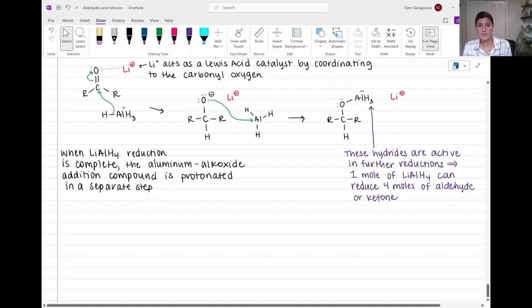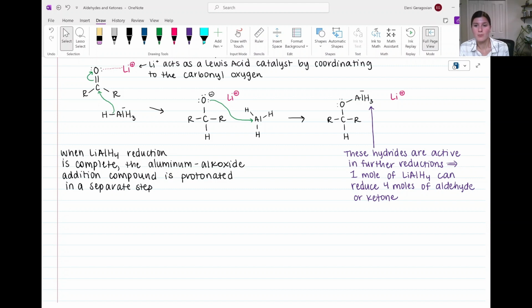So once the aluminum hydride has reduced 4 moles of the aldehyde or ketone, we then have this alkoxide bonded to aluminum. So we have an aluminum bonded to the oxygen, just like in the structure in the top right.